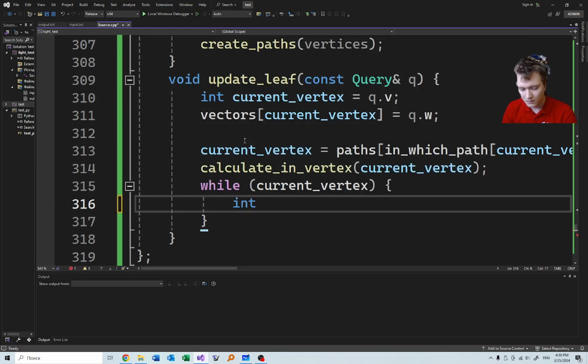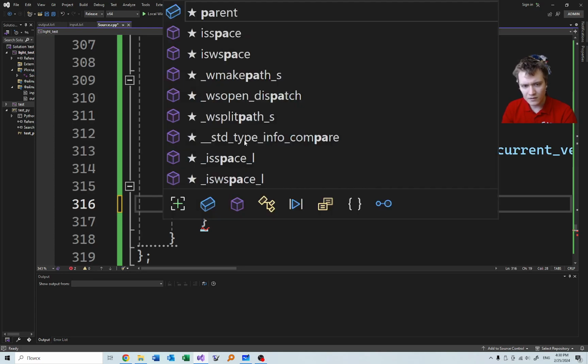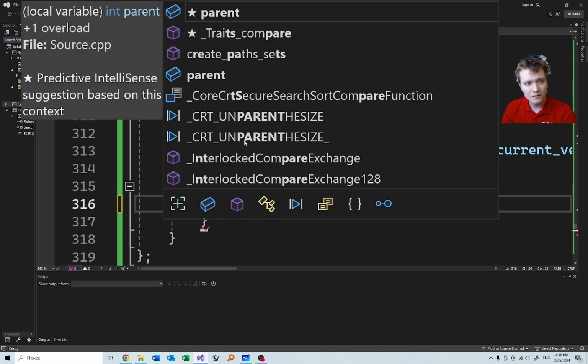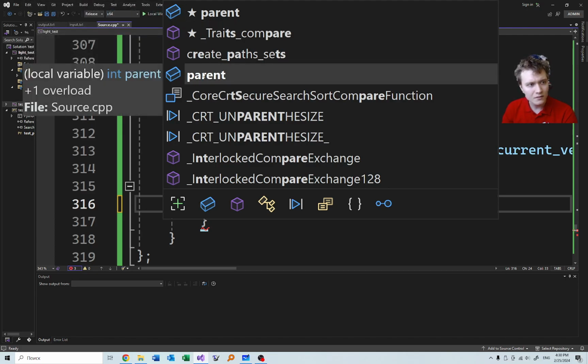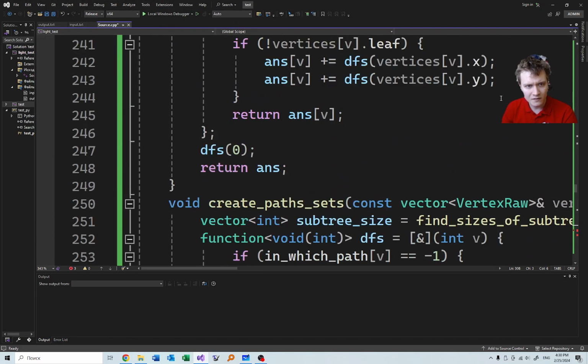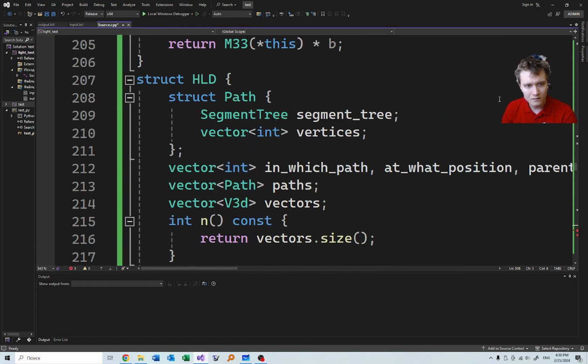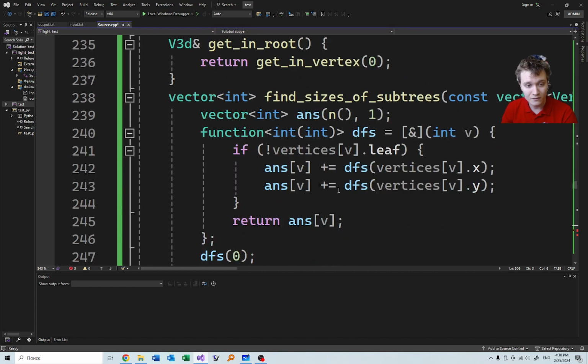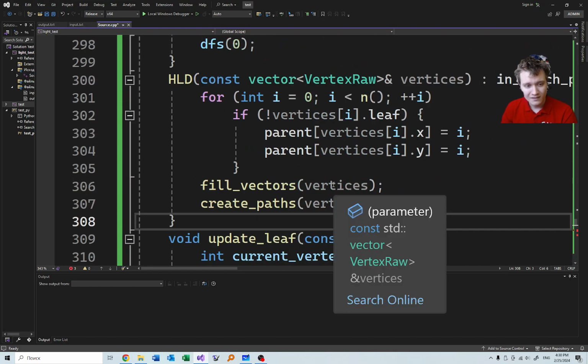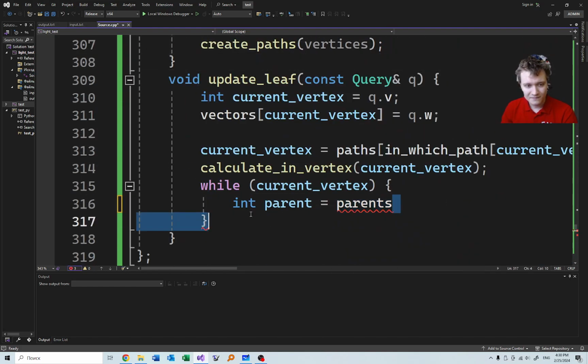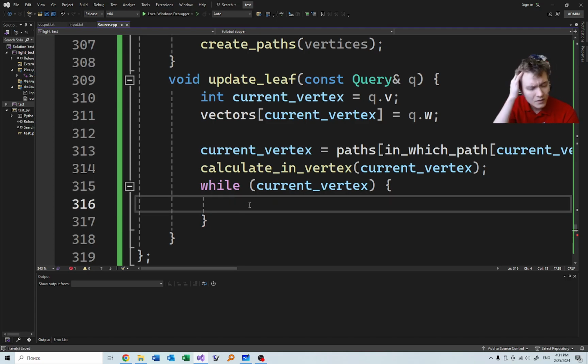So int parent equals parents. Oh, wait, what is that? Do we have parents? No, we only have parent. Okay. Well, it's not needed. Okay, so let's see.